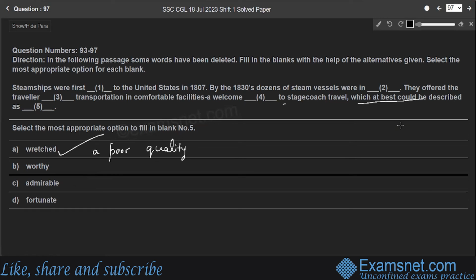The context of the passage suggests that travel by steamship was a more comfortable and efficient mode of transportation compared to stagecoach travel. The word that best fits the blank should convey a negative connotation about the quality of stagecoach travel. Therefore, wretched is the correct option here. So option A.